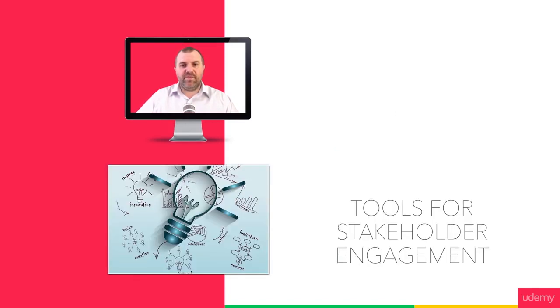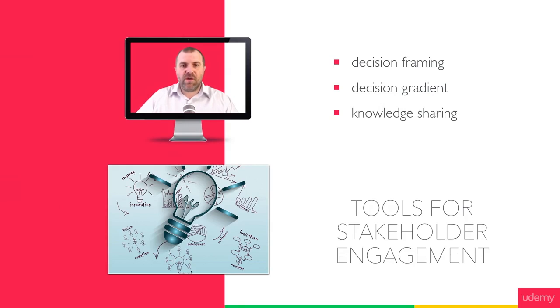After completing the second section on tools for stakeholder engagement, you will be able to explain the concept of decision framing, use a decision gradient to lead a group in making a decision, recognize an appropriate level of knowledge sharing on an Agile project, and recognize strategies for gathering stakeholder feedback.